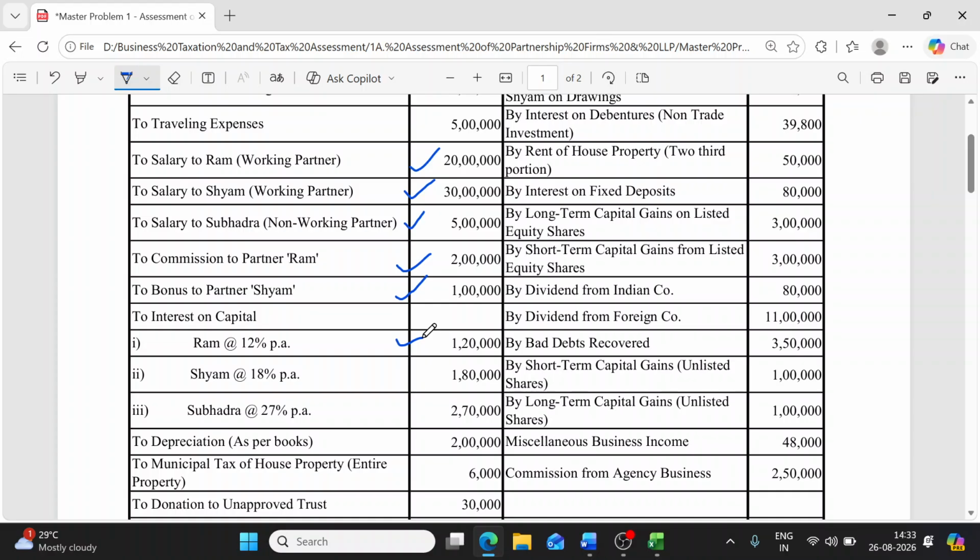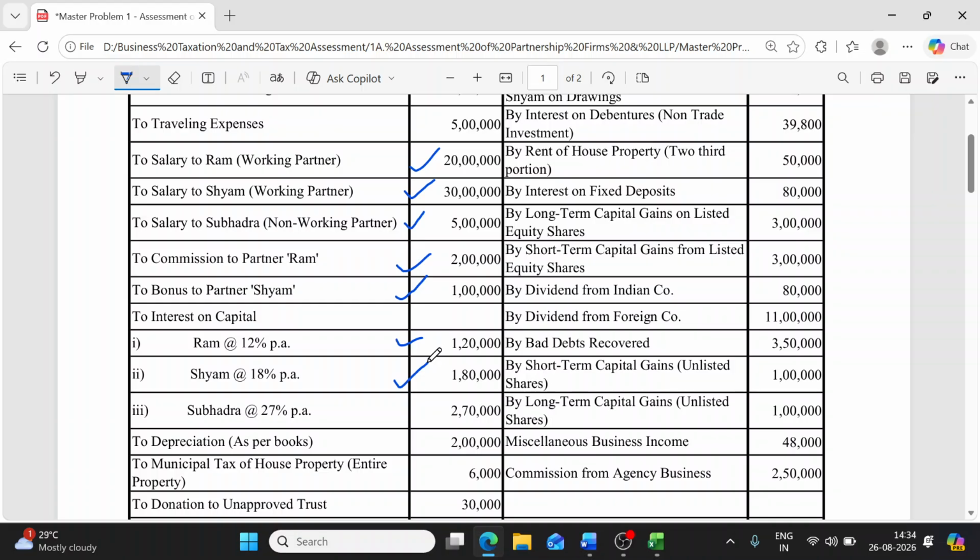But in the case of Sham, interest is paid on his capital at the rate of 18%, and up to 12% is allowed as a business expenditure, but any interest in excess of 12% cannot be claimed and should be added back.